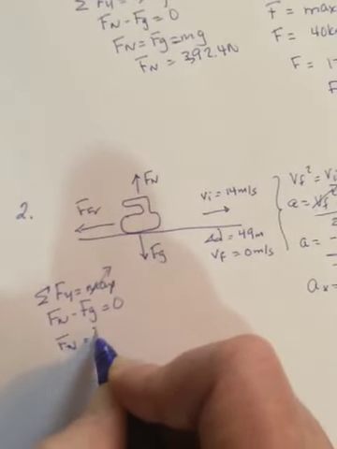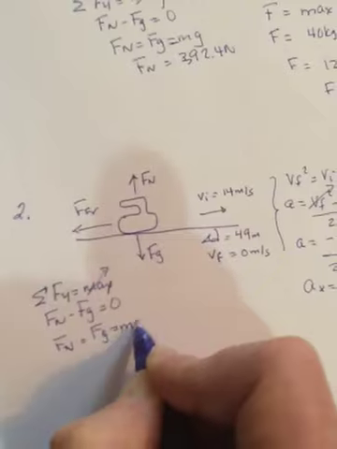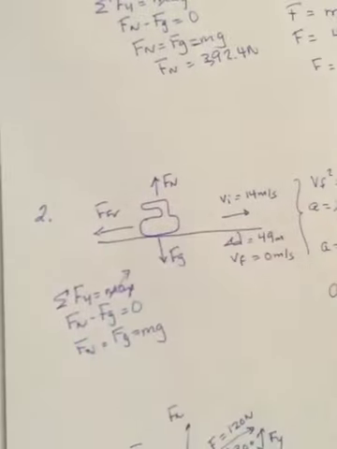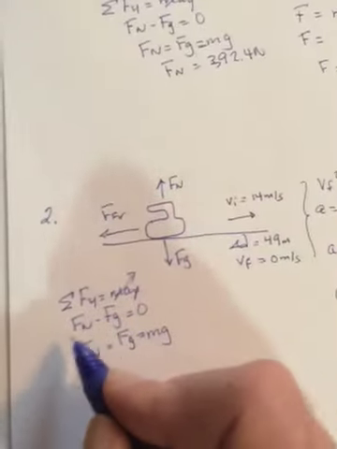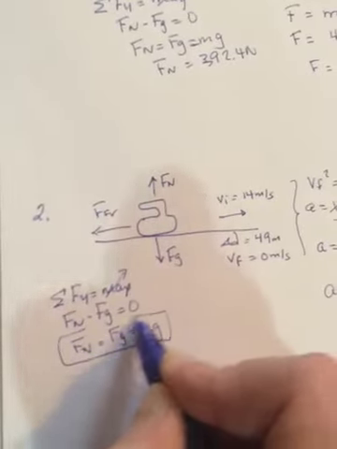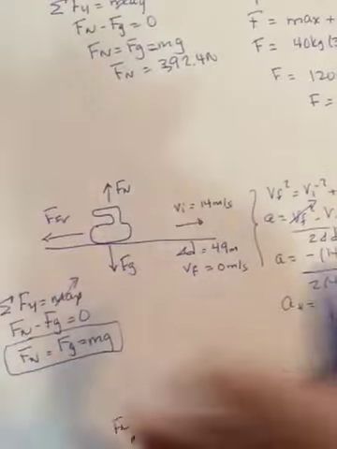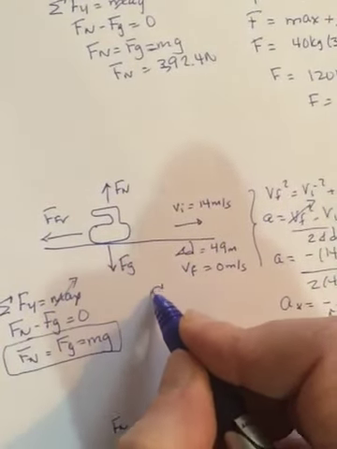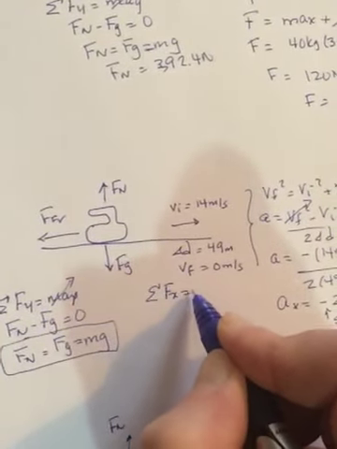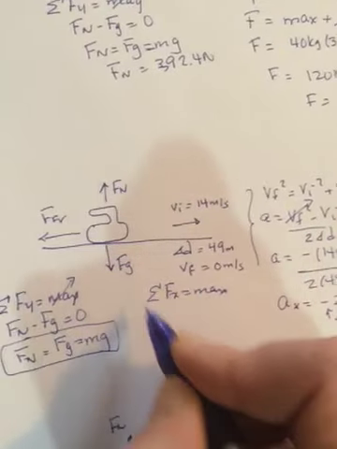So Fn equals Fg equals mg. Even if you wanted to this time, you cannot find this because I didn't give you the m. So another reason why you should try to carry your letters so that when you get to this point, you're not stuck.